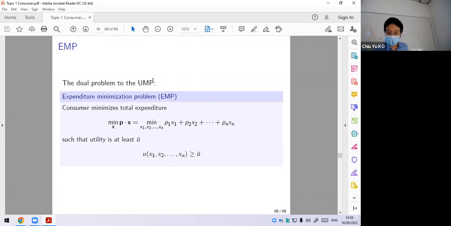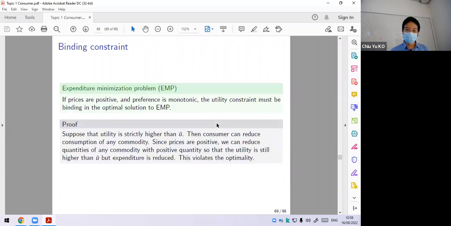Now this problem is like flipping the two things, because you have a linear objective function, but the constraint is non-linear. The first thing is we want something like Walras' law: whether the answer is at the boundary point or the interior.